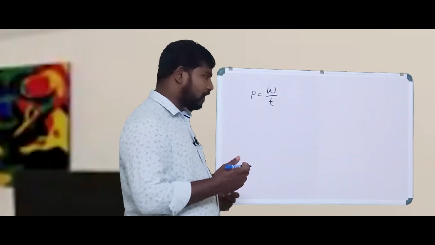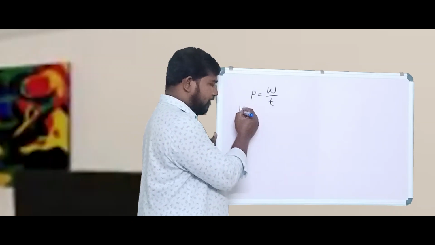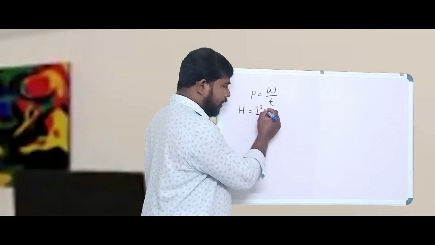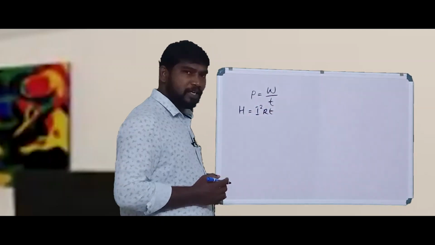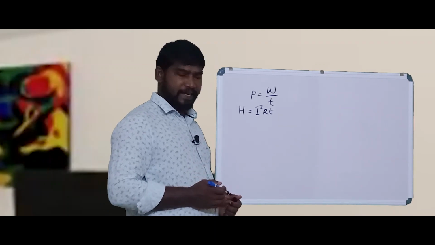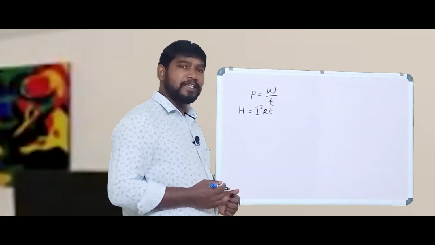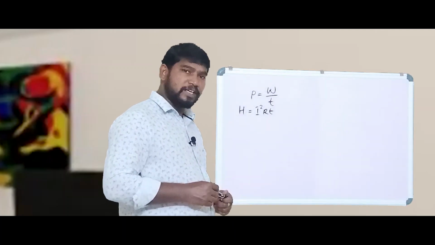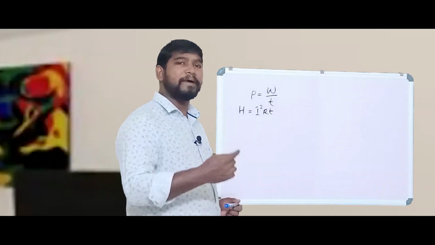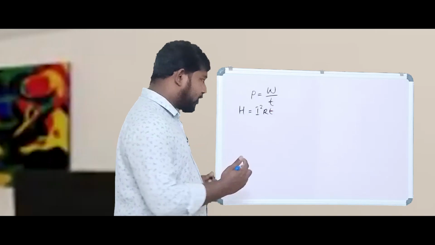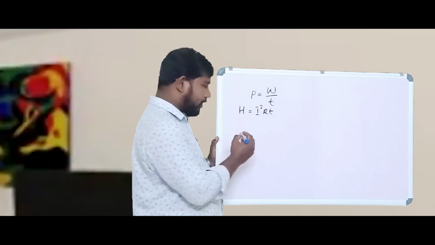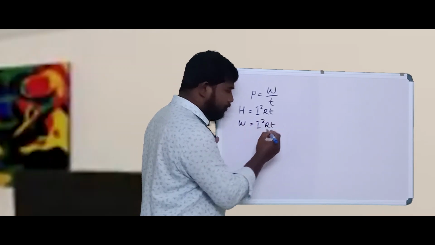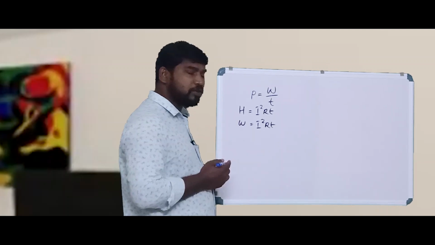According to Joule's law, the heat produced in a current carrying conductor, H, is equal to I square R into T. We already discussed that the heat produced is equal to the work done, because the heat is produced in the conductor by the work done by the charges. So we can write W is equal to I square into R into T.